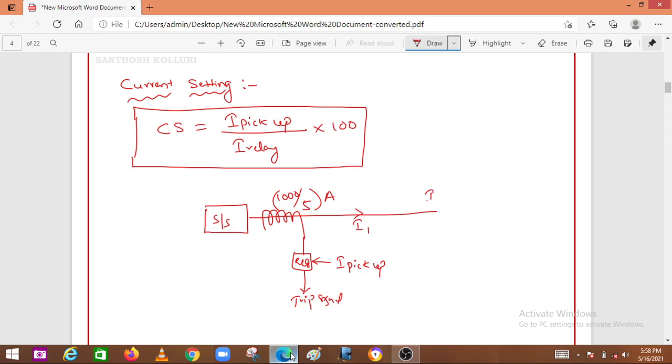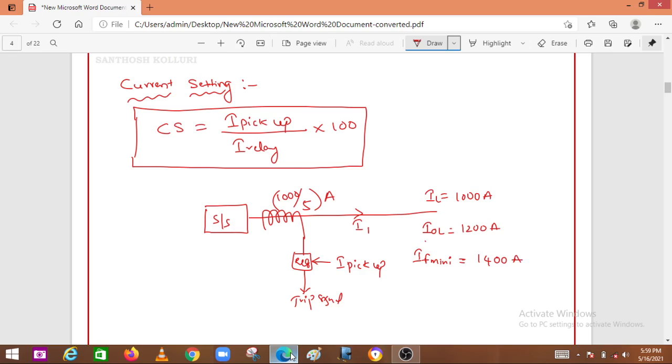For example, the load value is 1000 amperes. Then the overload current through this line will be around 1200 amperes. And then the minimum fault current, because I need to take the minimum fault current for the relay operation, I can take more than the overload current, because sometimes there may be overload current because of certain external load added for some time.